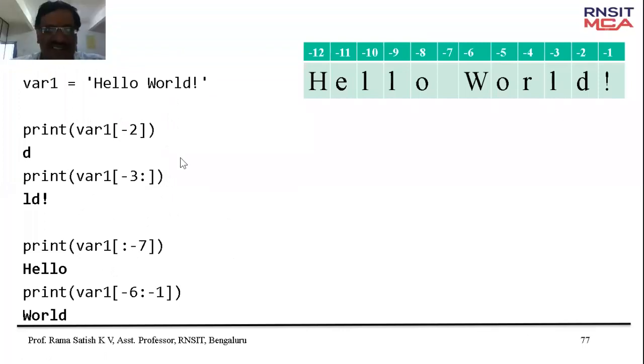Next. Minus 1 to minus 6. Is it possible? What is the default increment value? Default increment value is 1. Minus 1, and after that plus increments, that means it moves out of this range.